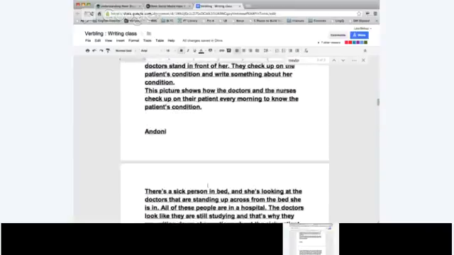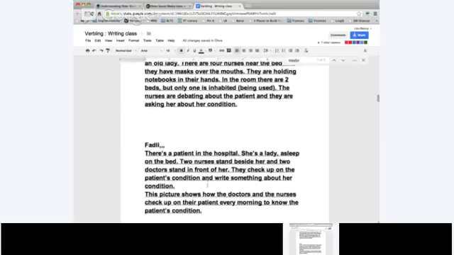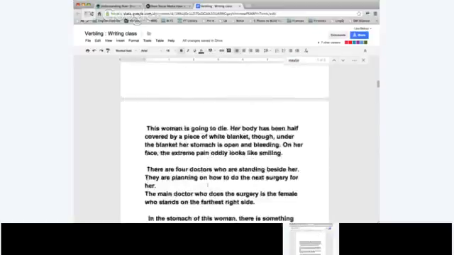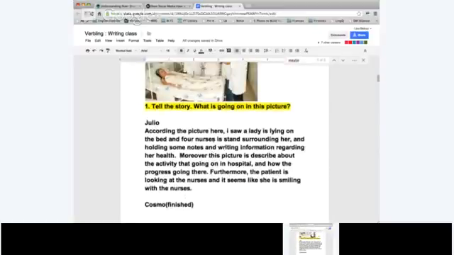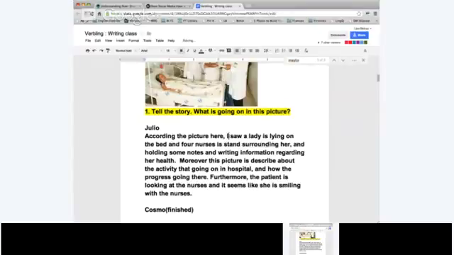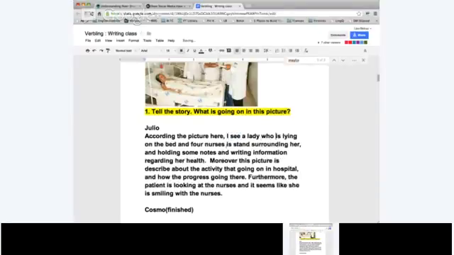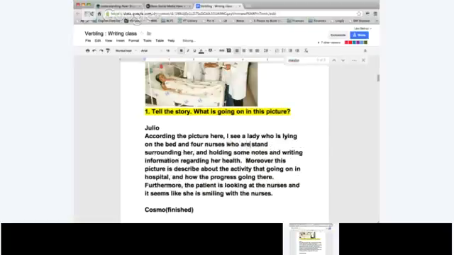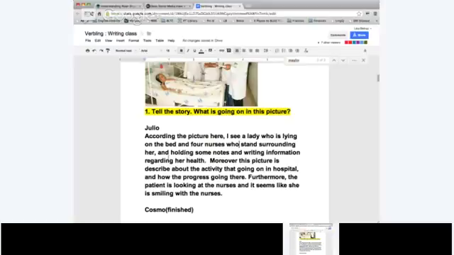And number 1. According to the picture here, I see a lady who is lying on the bed and 4 nurses who stand surrounding her and are holding some notes and writing information regarding her health.